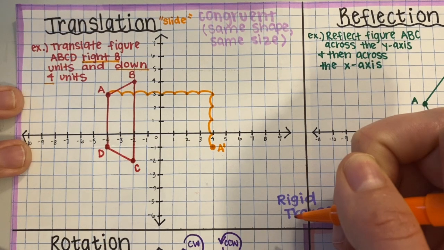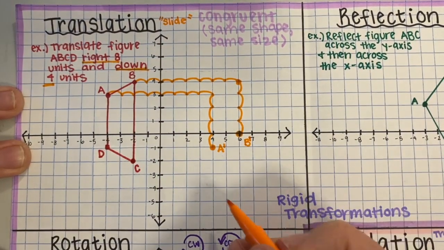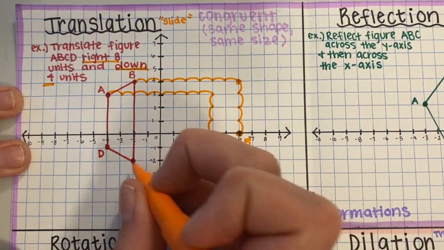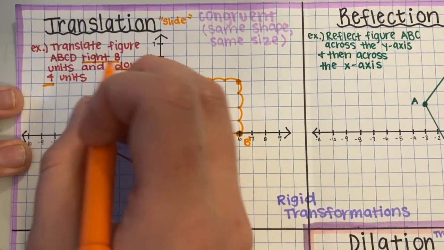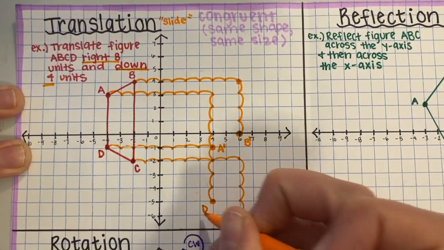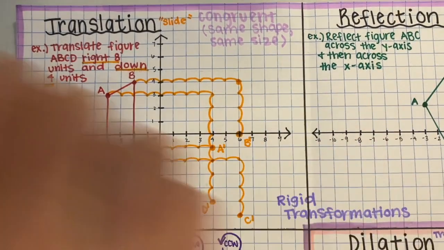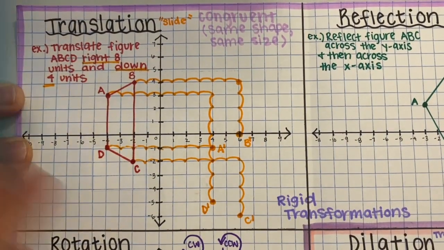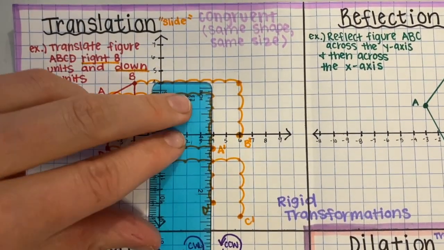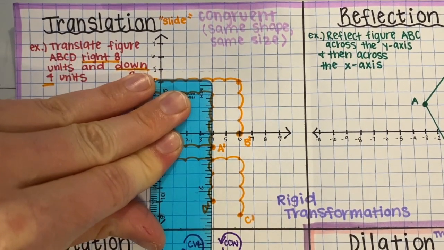Then I'm going to move my next point. So I have 2 of them done. I'm going to move C and then D, right 8, 4 down. Once I have all of my coordinates, I'm going to connect my dots so that I have my new figure.